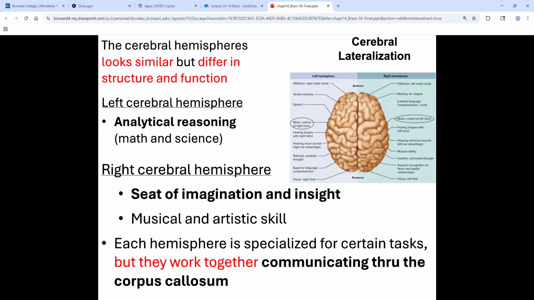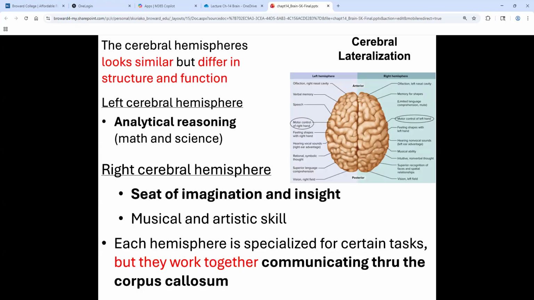Now, I told you that we have a left and right. Left is associated with analytical thinking. Right is associated with imagination, insights, like musical skills, artistic skills, that's all right side brain. Left side brain is more like math and science.